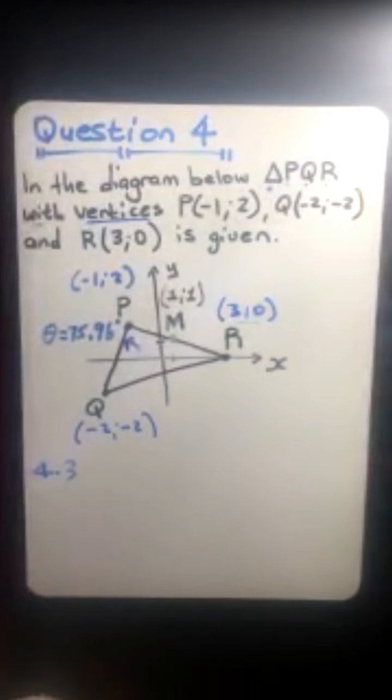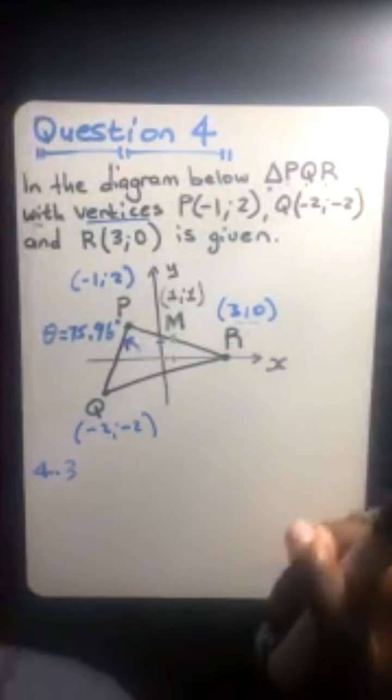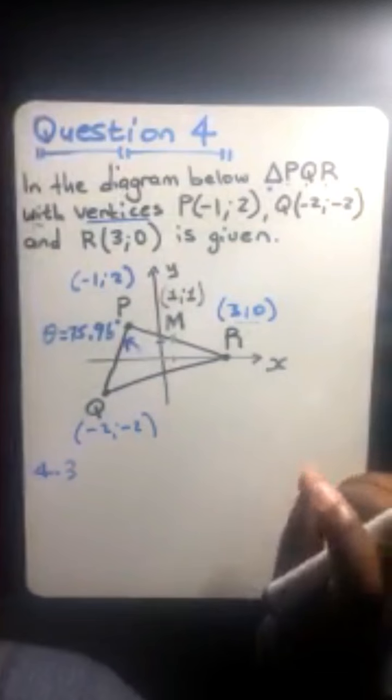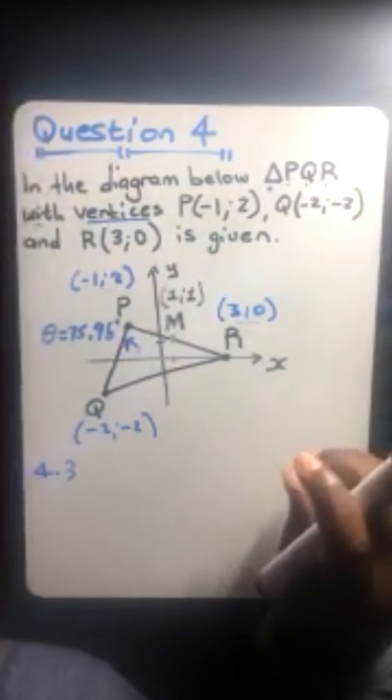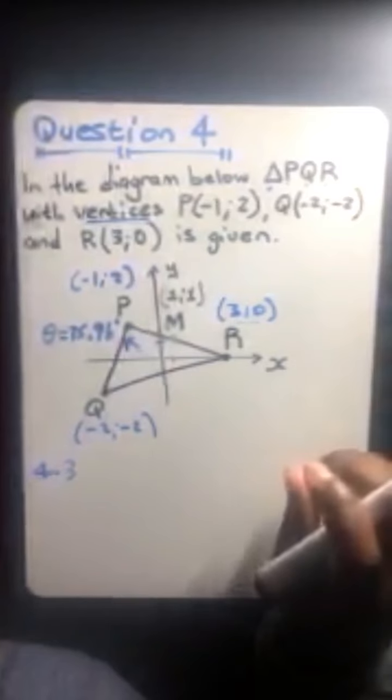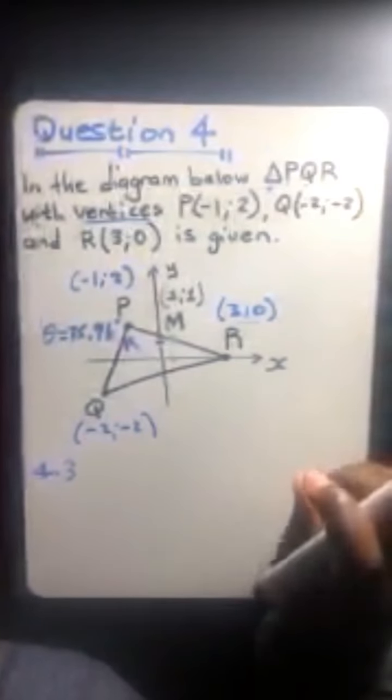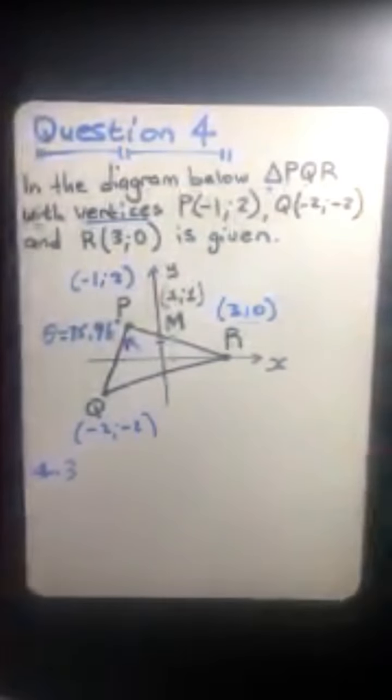So it seems like we can easily answer this question, ladies and gentlemen. Let's now ask ourselves this question: do we have two points for each side? If the answer to that question is a big yes, then let's easily calculate what we are supposed to calculate. The moment we talk about the sides, it is the distance formula which is involved.